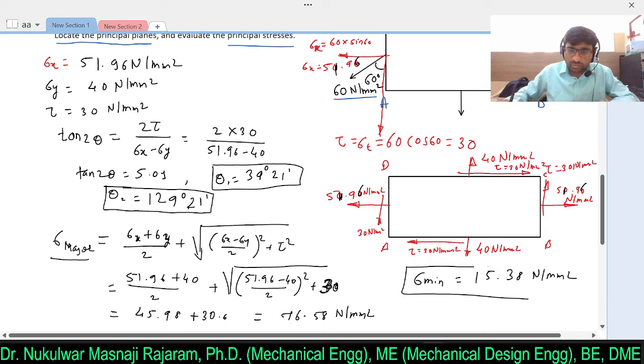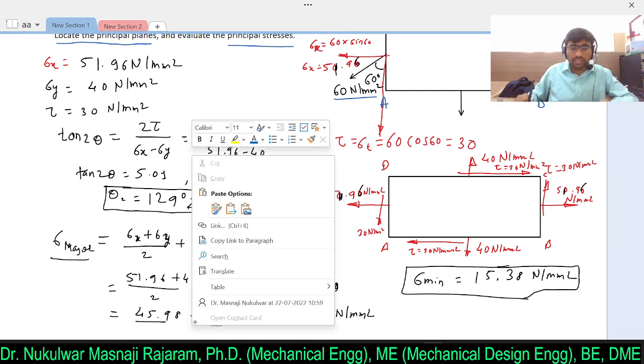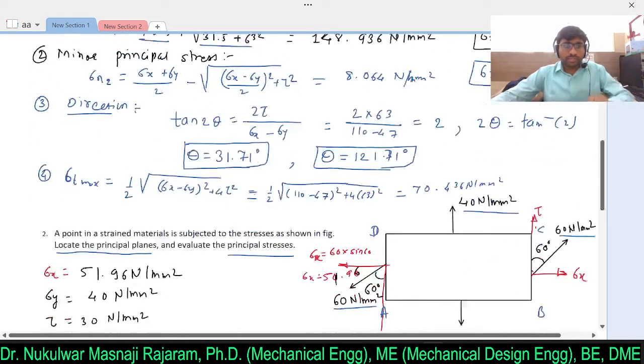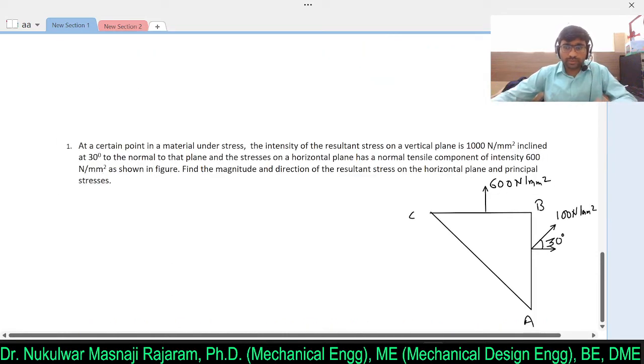In the exam you need to write the formula and then you will get the direct answer, because here I am evaluating these two factors. The major principal stress is at theta 1, and here you can locate the minor at 90 degree. I hope you understand this second problem also.